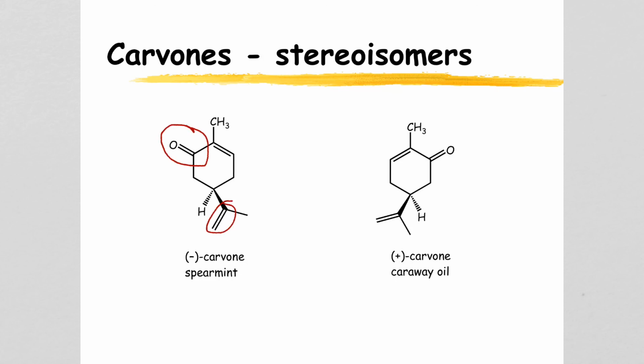We've also got a couple of alkenes that we should be able to see. Remember that because these are enantiomers, they're going to have exactly the same infrared spectrum. So we won't be able to tell the difference between the two enantiomers, but you will be able to tell if you did indeed isolate carvone.